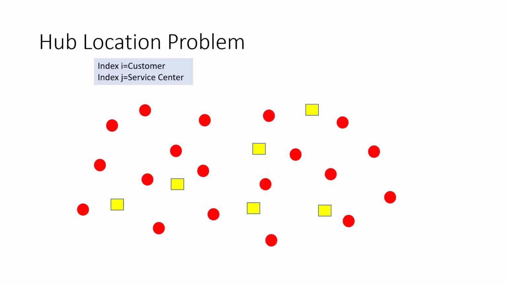We also have some service centers, shown as yellow squares, and we have to select a set of these service centers to serve all customers. So our problem is how many service centers should be selected to minimize all costs.